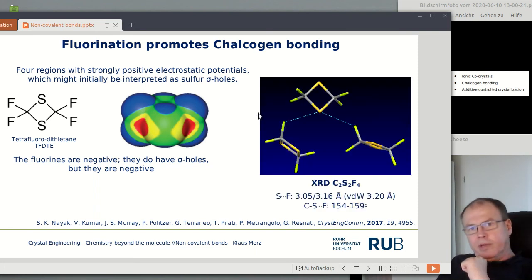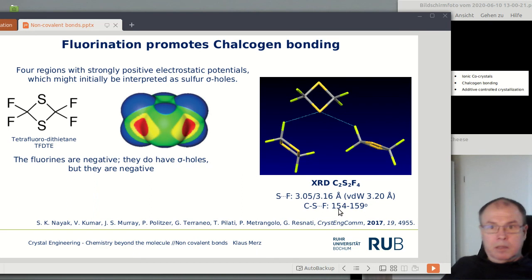And if you look at the crystal structure, you can see very nicely the interaction of a negative fluorine of the neighboring atoms with the sulfur of its ring system.